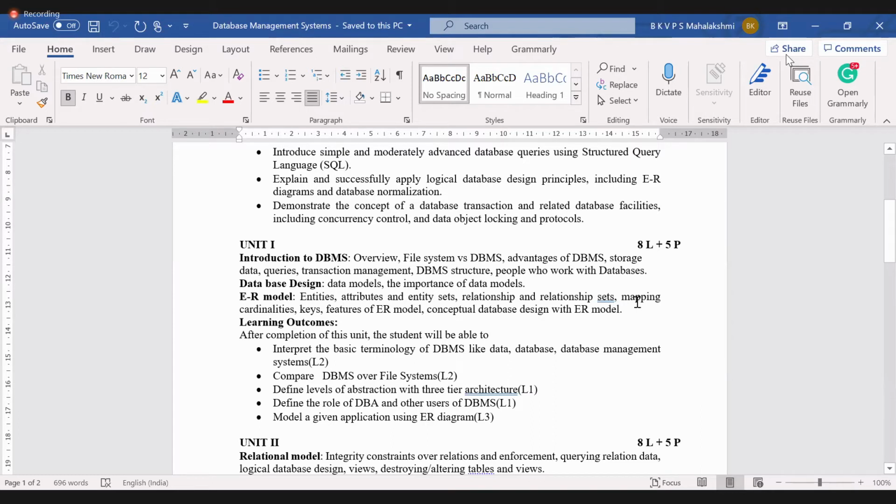Today we'll discuss up to relationship sets. We'll try to finish so that you can start the first experiment in your first lab if we somehow finish the first half of the concepts in the ER model.